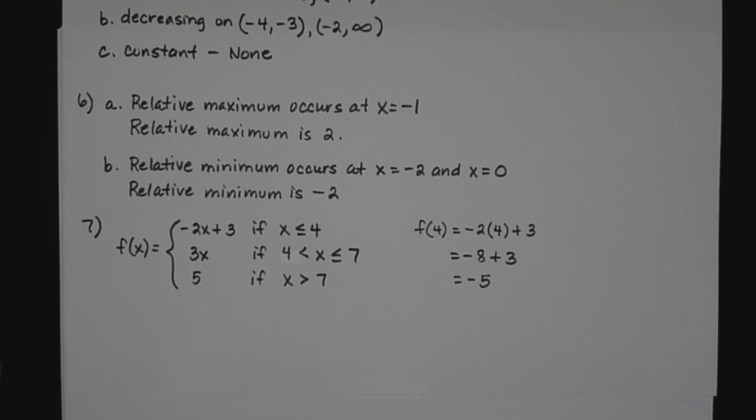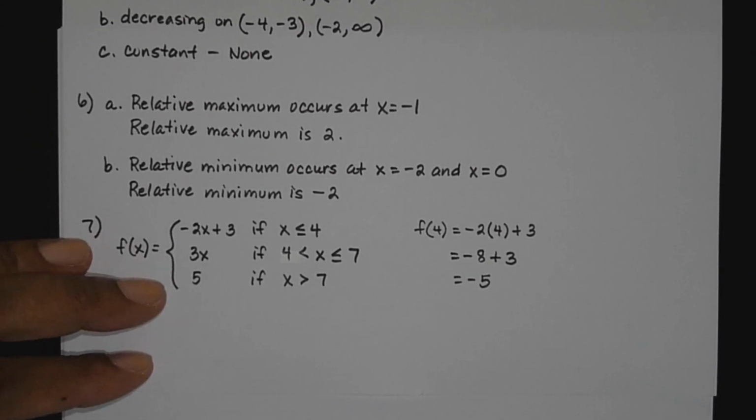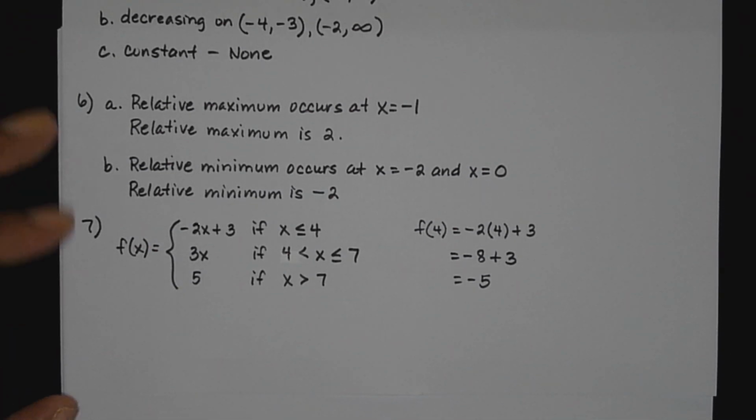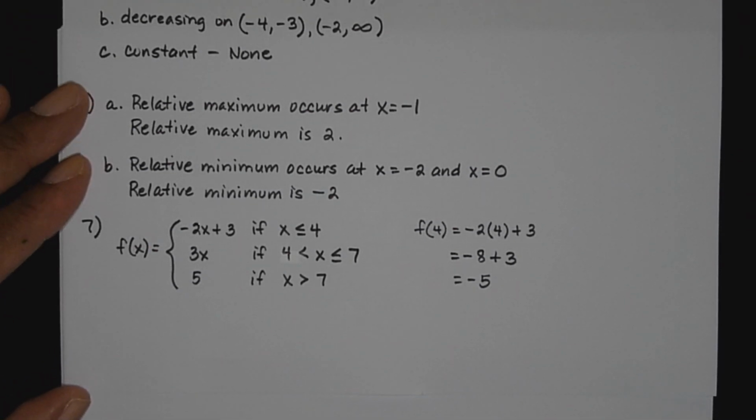When you're adding two integers with like signs, you add and keep the same sign. But if you add two integers with different signs, you subtract and take the sign of the larger absolute value. And here 8 is larger and it's negative, so the answer has to be negative. Any other questions?